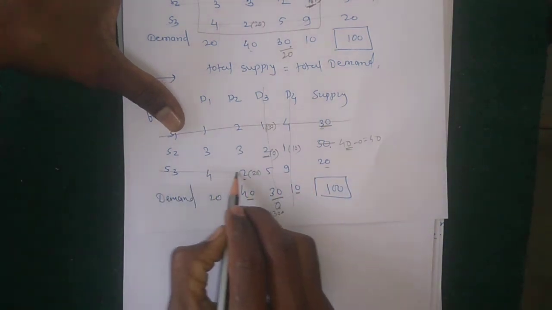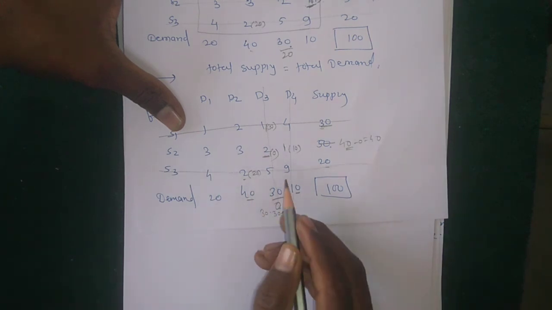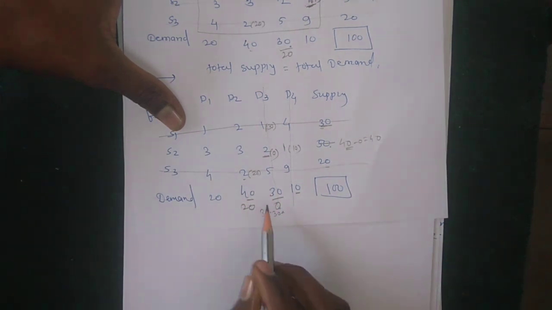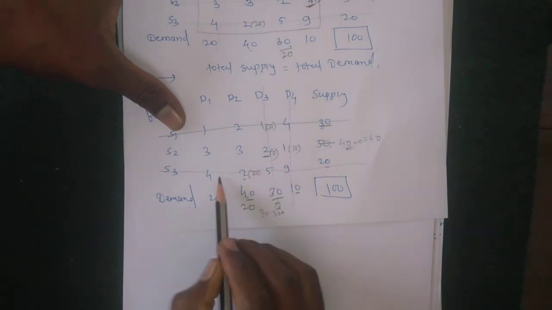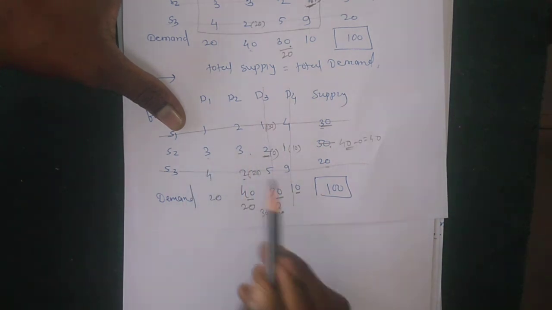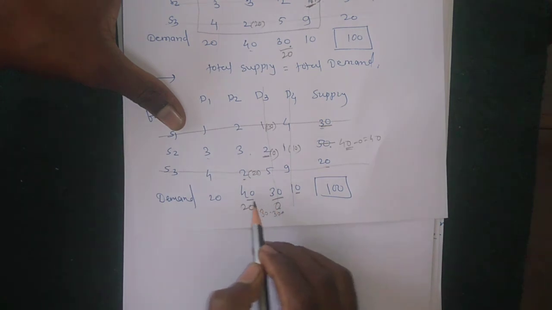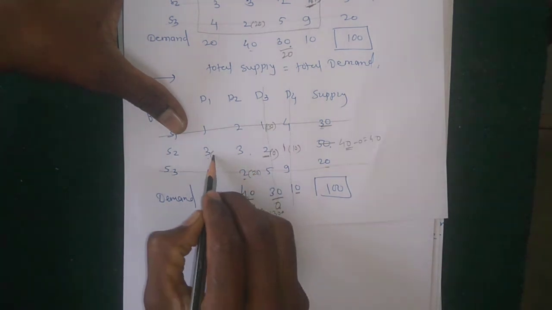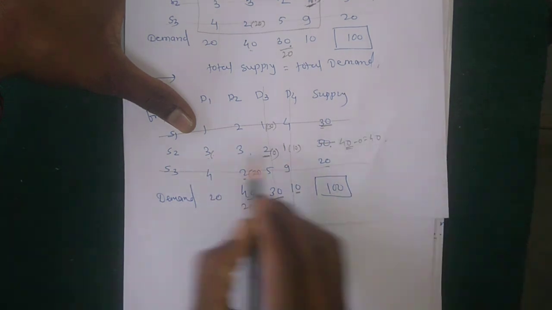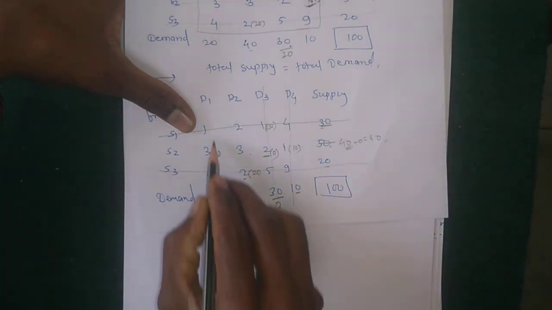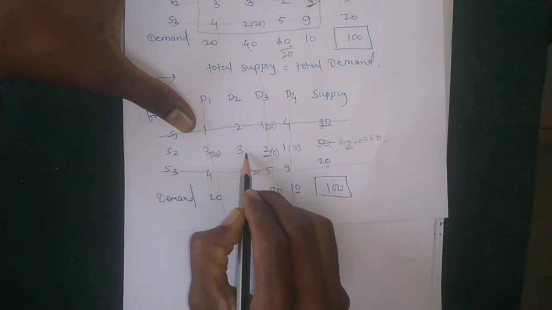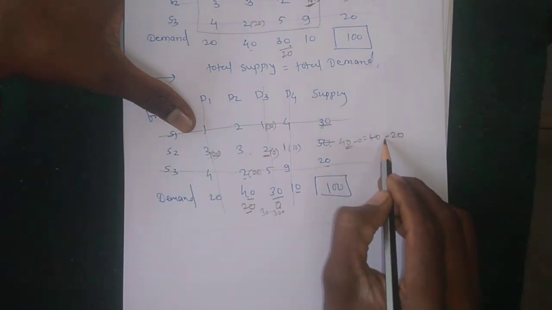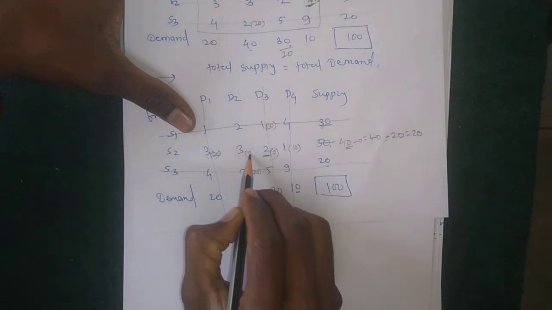So delete the S3 row, and only 20 remains. Then select the 3 as the minimum, choose any one of these. Here 20 and 40, so 20 is less, delete this, and only one element remains. Here 20 minus 20 is 0.